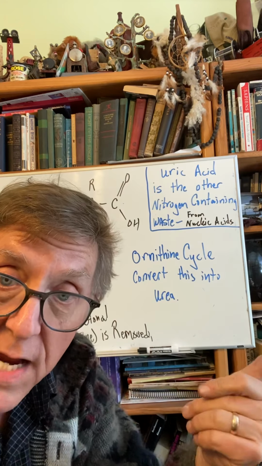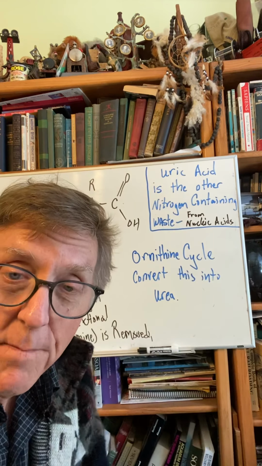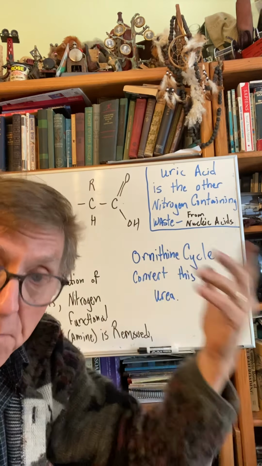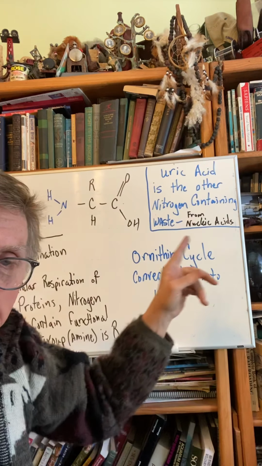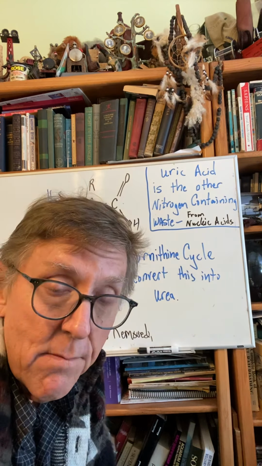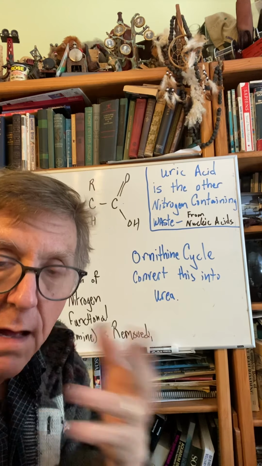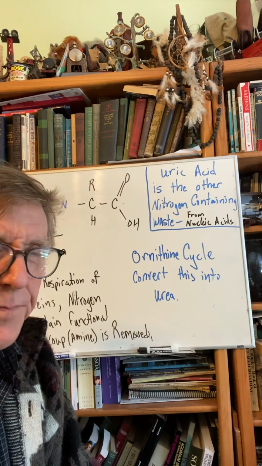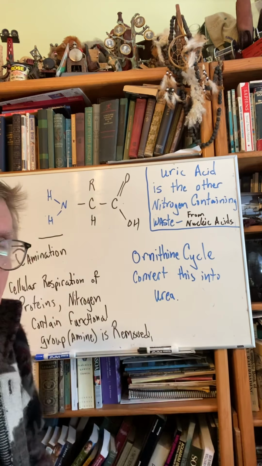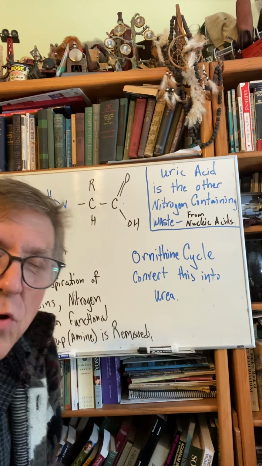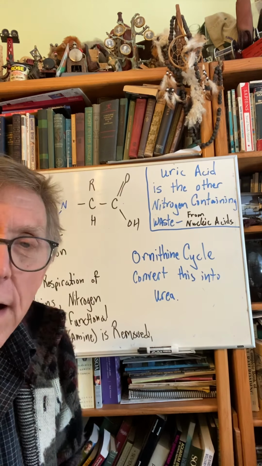And that white material that's seen in the bird poop is the nitrogen waste from metabolism. So we don't produce near as much of it because with us, it's only from the breakdown of the nucleic acids.